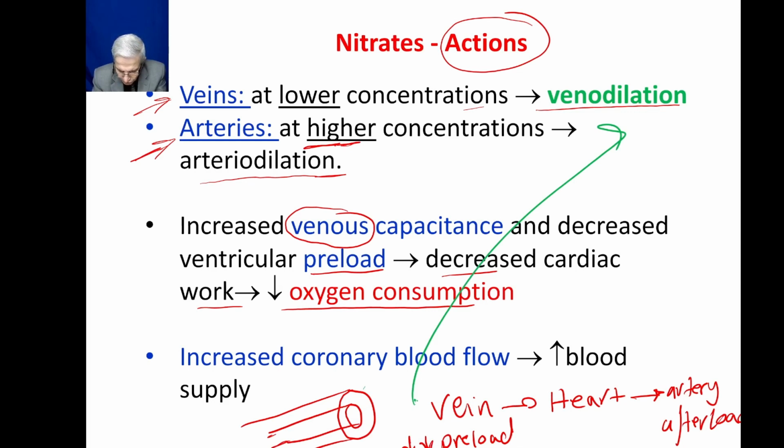So decreasing preload due to venodilation will decrease heart overload and need for oxygen, and this will lead to decreased oxygen demand. So we have increased venous capacitance, decreased ventricular load, and this will lead to decreased cardiac work, and the end result will be decreased oxygen consumption.